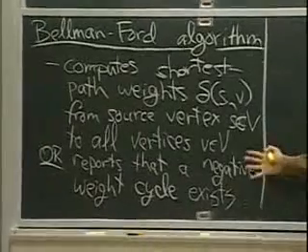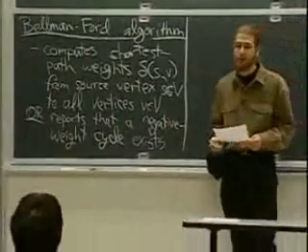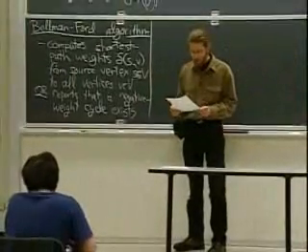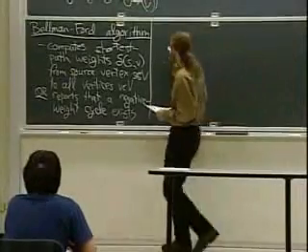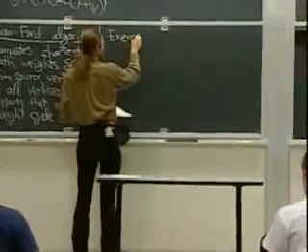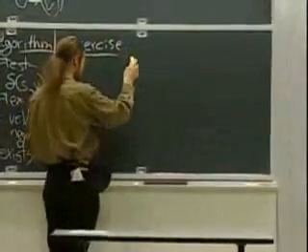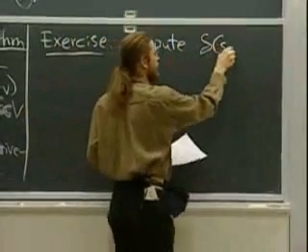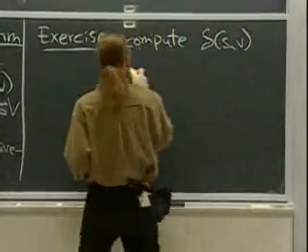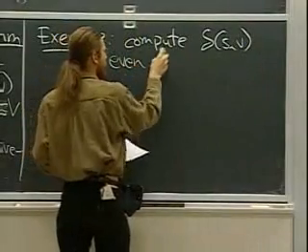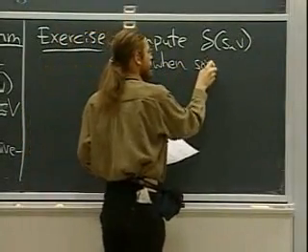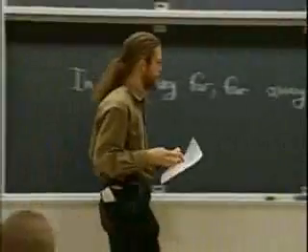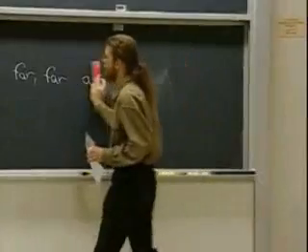It sort of allows them, but it will just report them. In that case, it will not give you delta values. You can change the algorithm to give you delta values in that case, but we're not going to see it here. So an exercise, after you've seen the algorithm, the exercise is compute these deltas in all cases. So it's not hard to do, but we don't have time for it here.